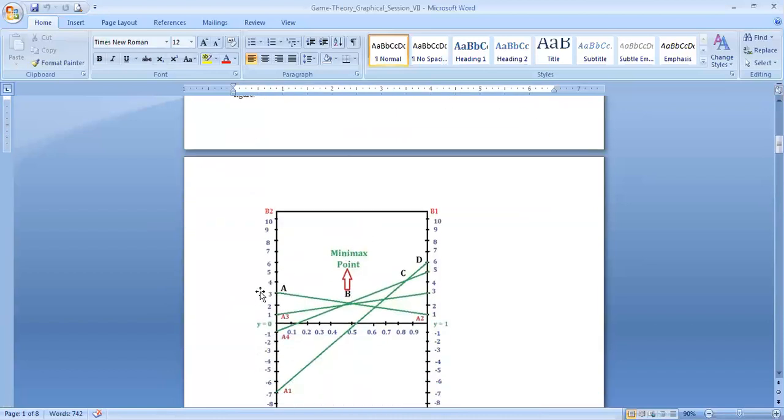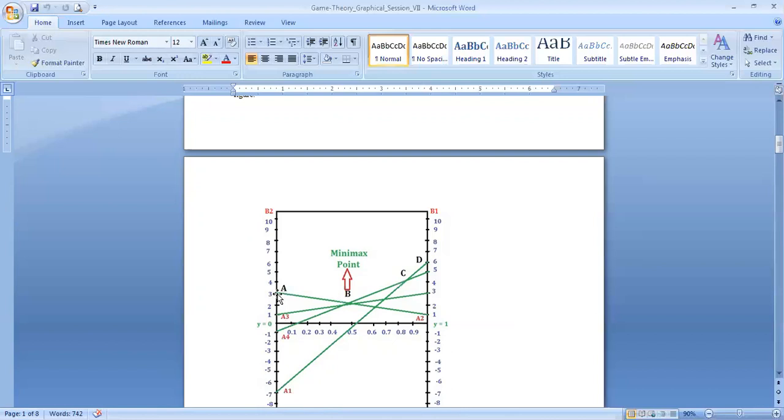Please see this. This is the area. Suppose you hatch it, this area will come like this. The boundary of this area will be B2, B1, D, C, B, and A. These A, B, C, D are points which are the points of intersection of different lines.